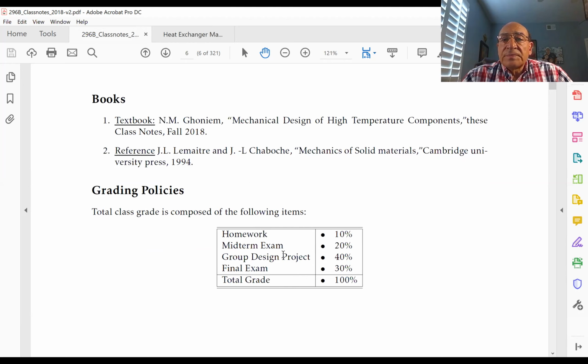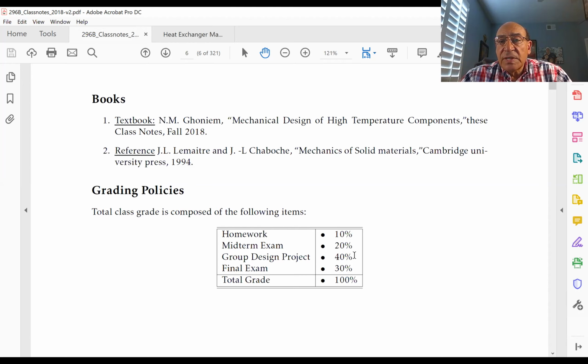And for the midterm, we will be allowed to use 2 cheat sheets, each one like maybe two sides of one single 8.5 by 11 page, where you can summarize the basic equations needed, and then you can use it in the midterm exam.